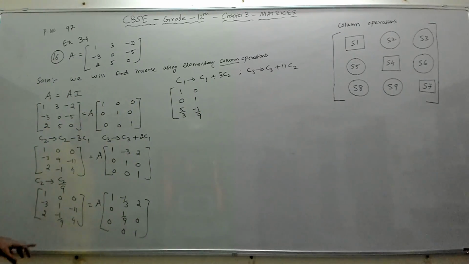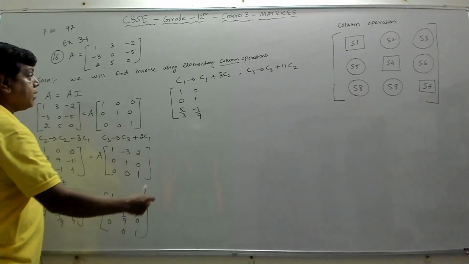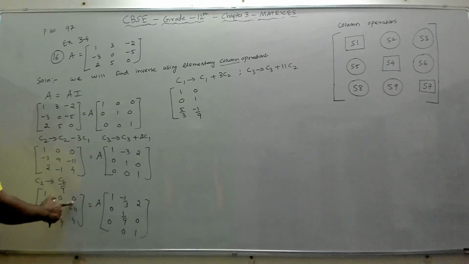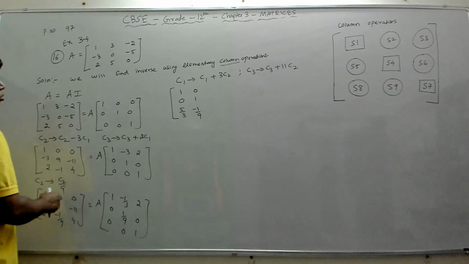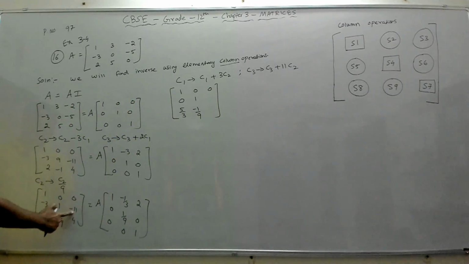Then we have to focus on this one. Then we'll apply C3 on this. C3 is 0 plus 11 times 0 is 0. Then minus 11 plus 11 times 1 is 0.